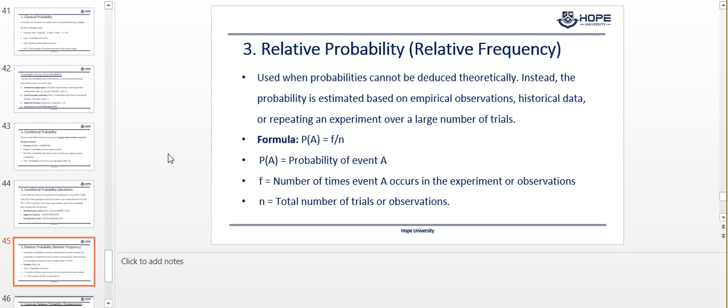For example, P(A) equals F divided by N. P(A) is the probability of event A, F is the number of times event A occurs in the experiment or observation, and N is the total number of trials or observations we have made.